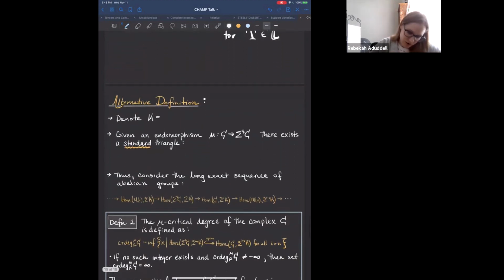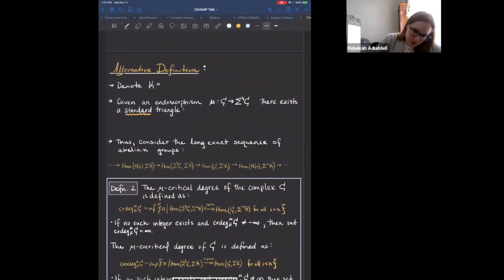We're going to first denote capital K as the minimal complete resolution of the residue field. Here I'm using complete resolution informally as the totally acyclic complex.